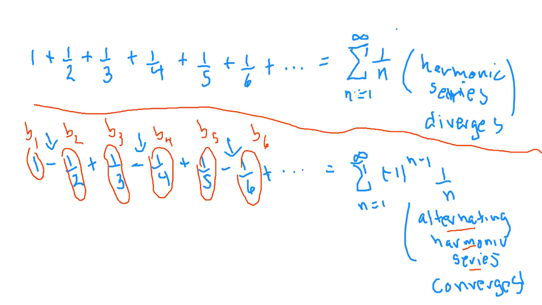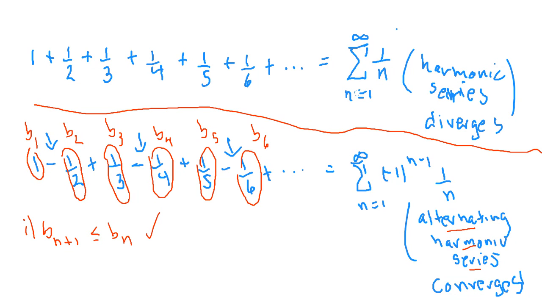So you can see that the n plus first term is less than or equal, well, it's less, but it's less than or equal to the nth term. That's the first condition of the alternating series test.